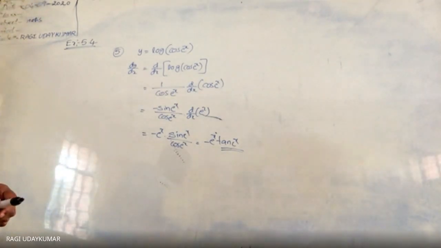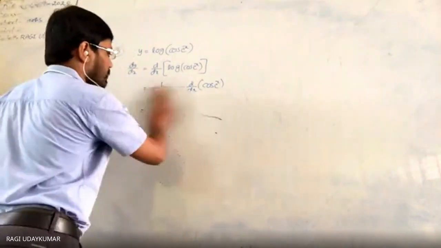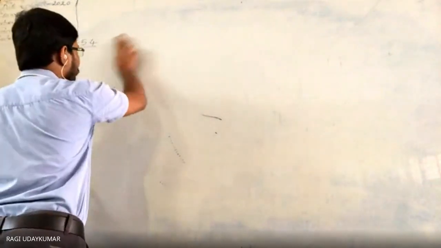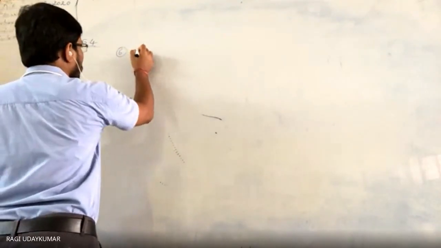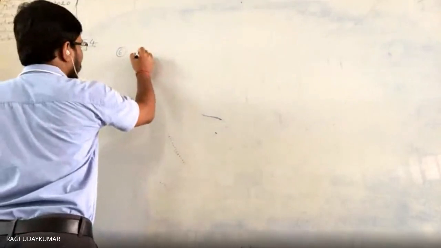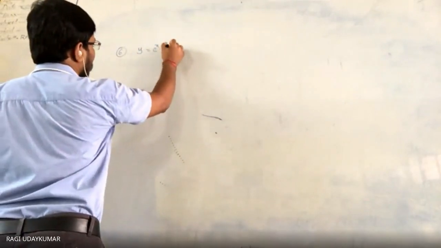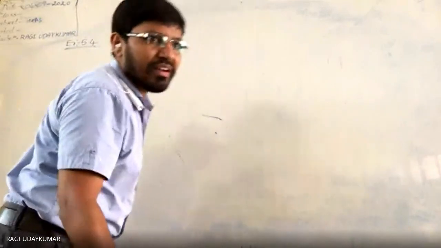Next, sixth problem. Here e power x square, up to e power x to the power of 5, is given to you. The question is d by dx of e power x plus e power x square and so on till e power x to the power of 5.